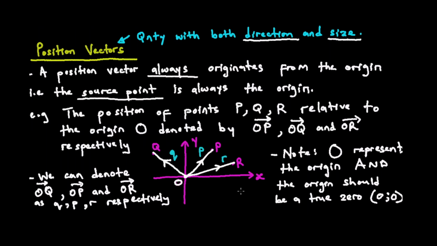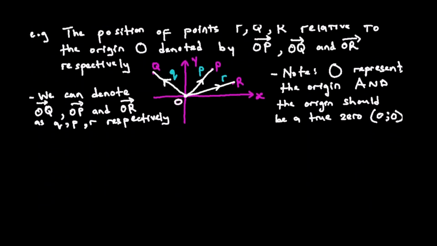Let us build upon the position vectors, then teachers also want to illustrate some of the things to do with displacement vectors. But before we get to displacement vectors, there is another concept on position vectors which we should look at. Let us describe position vectors.